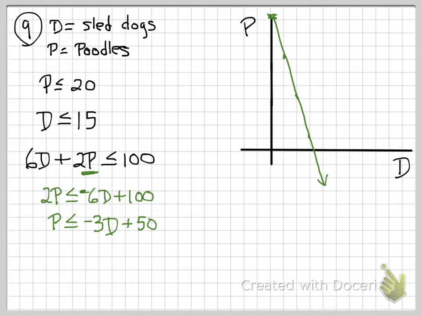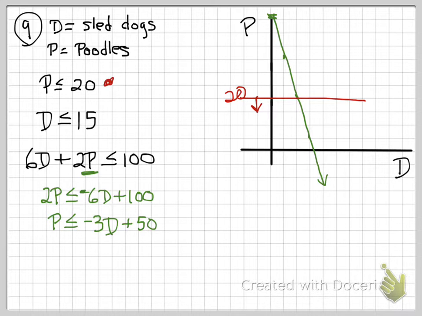Awesome. Now, we need to graph our other 2 inequalities. So let's look at my poodles. I have to have more than 20. We counted by 5s. So more than 20. Or is that less than? That's less than. I'm losing it. So we got to go less than 20.